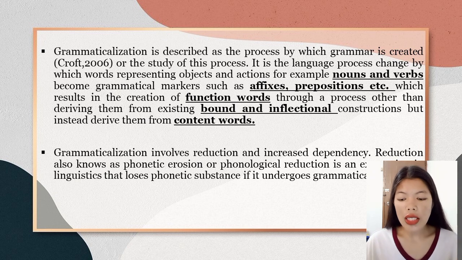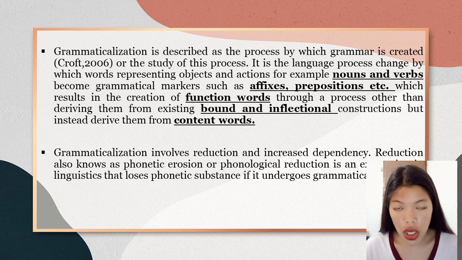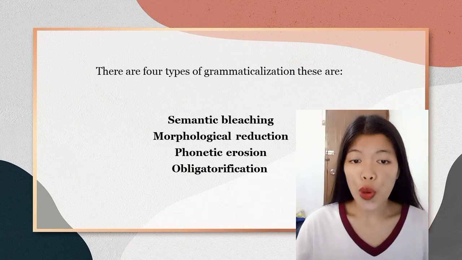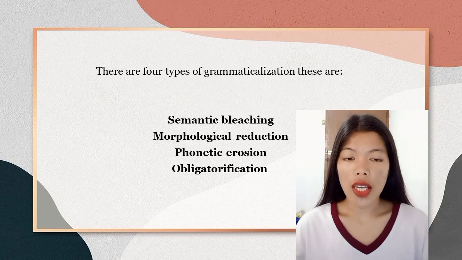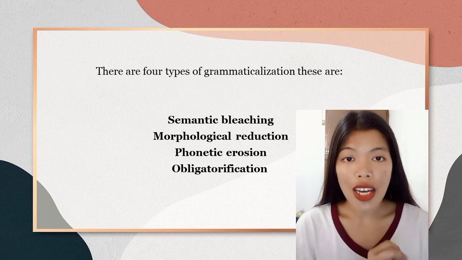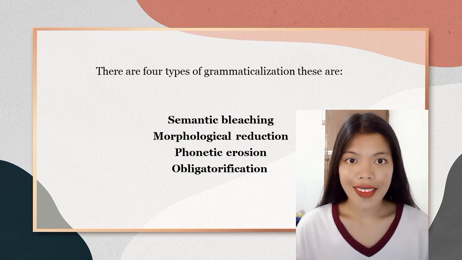A well-known example of grammaticalization is the process in which the lexical cluster "let us," for example "let us eat," is reduced to become "let's," so it becomes "let's eat." So that is grammaticalization. There are four types of grammaticalization: semantic bleaching, morphological reduction, phonetic erosion, and obligatorification.